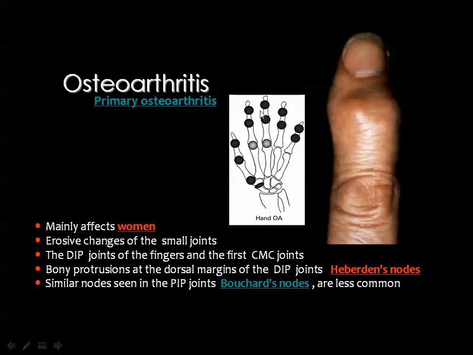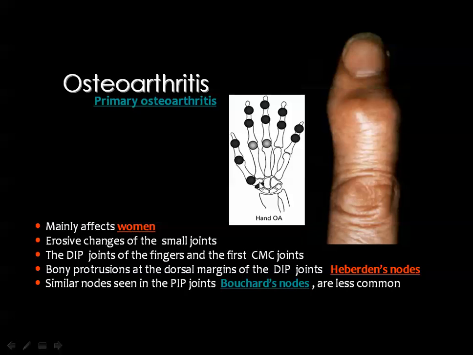You can see that it affects mainly the distal interphalangeal joints as well as the proximal interphalangeal joints, some of the metacarpophalangeal joints, and you can see that all the joints of the thumb are affected, including the metacarpophalangeal and the carpometacarpal joint, and also this particular joint between the scaphoid and the trapezium.